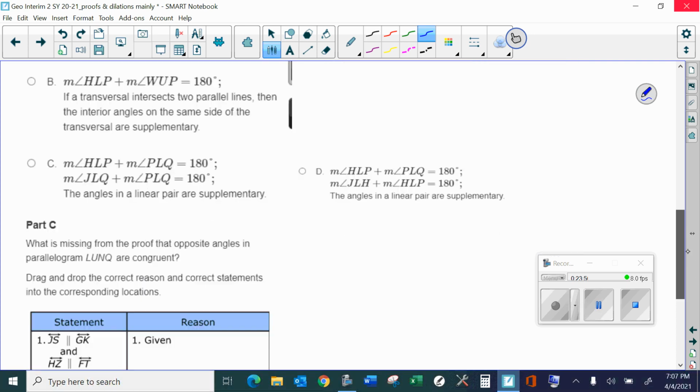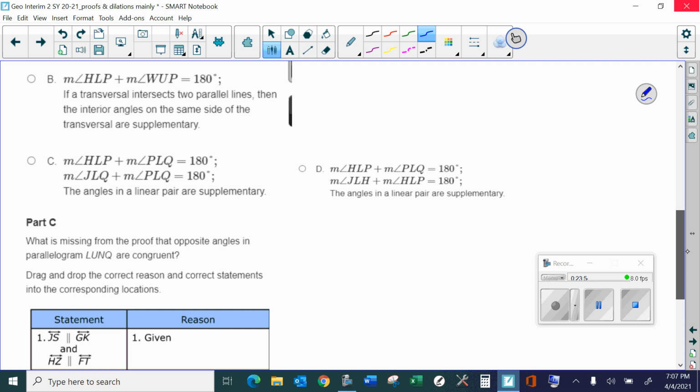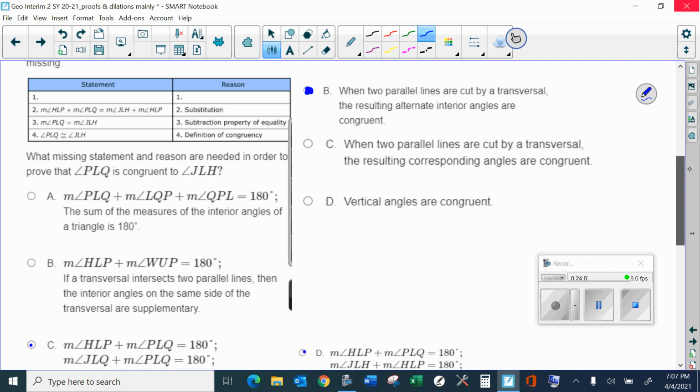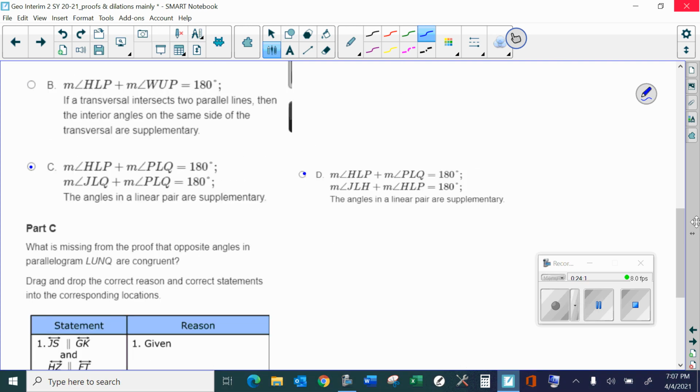All right. I should have checked. I didn't see D over here. It's either C or D, depending on what they have in step 2. They both have both pairs adding to 180. So whichever pairs they substitute in for, that would be it. If I look back up here, HLP plus PLQ, there's that one.